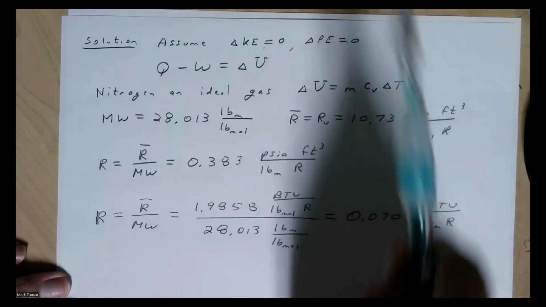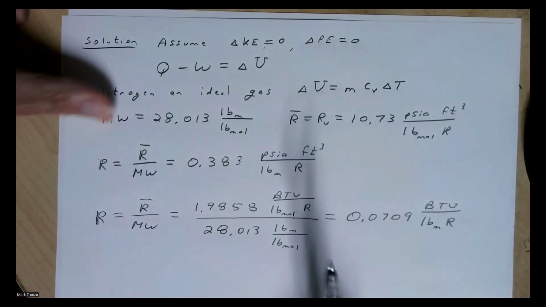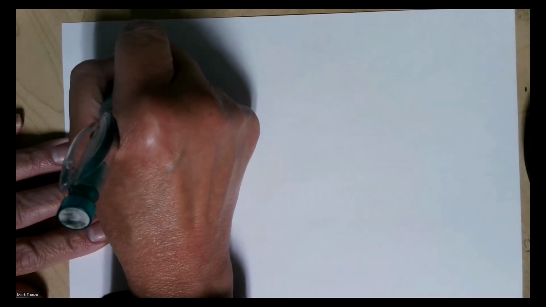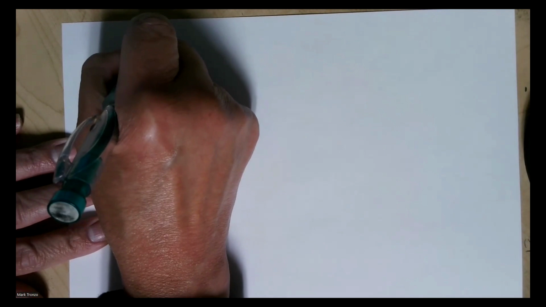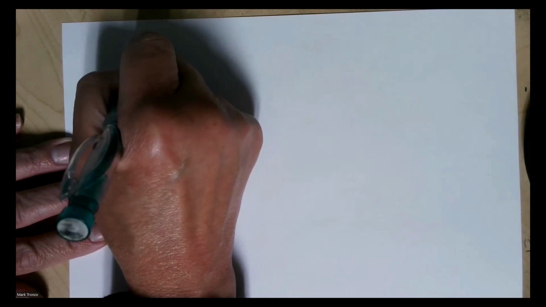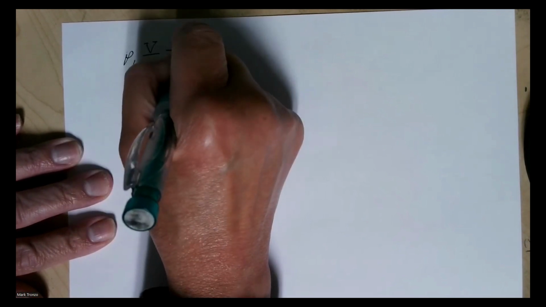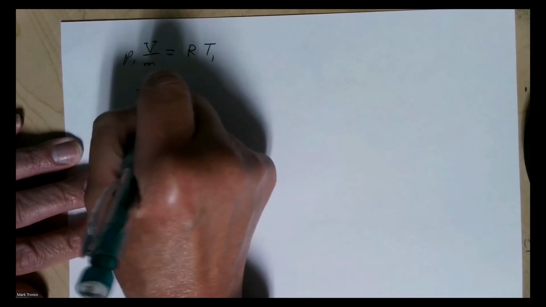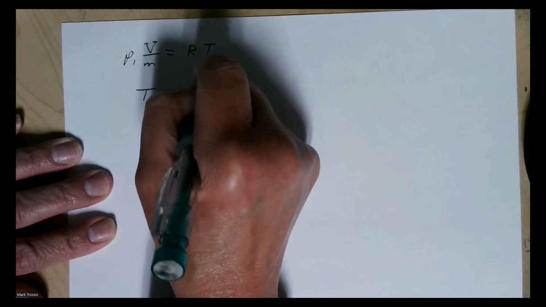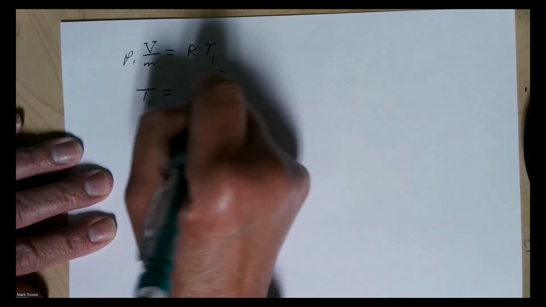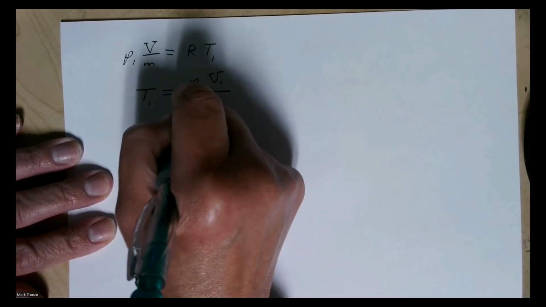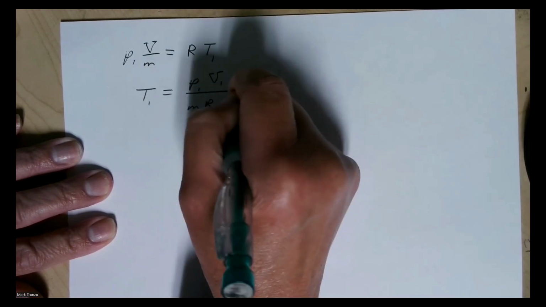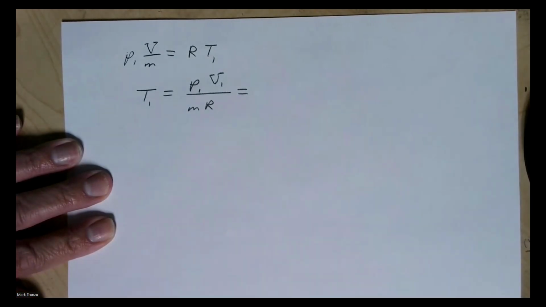Now we're going to need to find our temperatures because we're going to need our delta T. So we have P1 V1 over m R equals T1. So if we solve for T1, that'll be P1 V1 over m R like this.